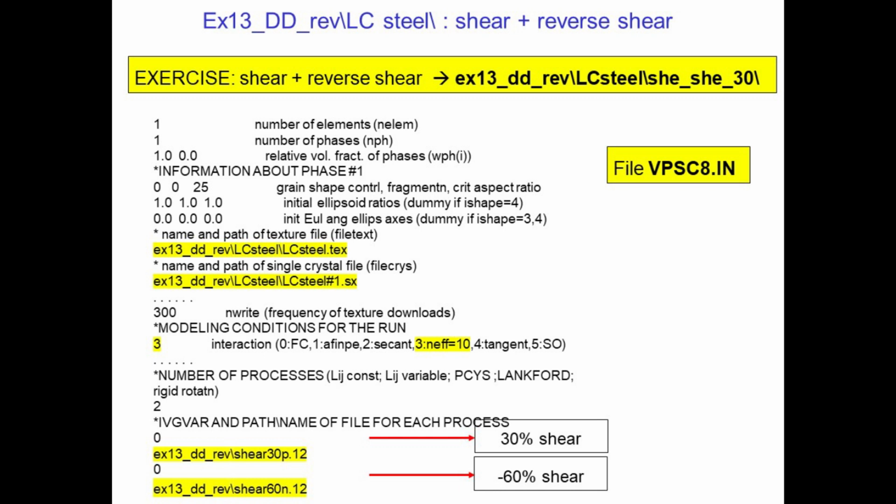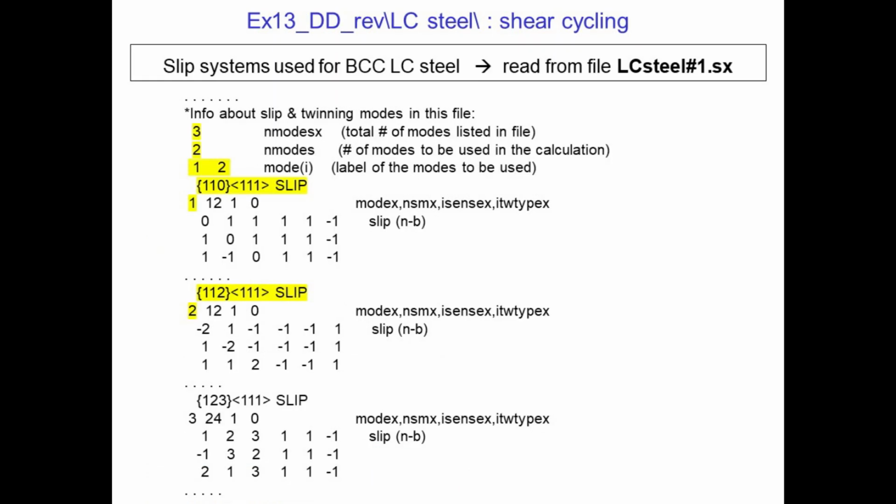And as I said, there is a process file that has 30% shear followed by minus 60% shear. Now, this is, I think, the first application where you are going to use more than one slip mode. So far, we have been doing FCC. This is a BCC material, and the BCC has three slip systems, three slip modes, but one can do with two really.